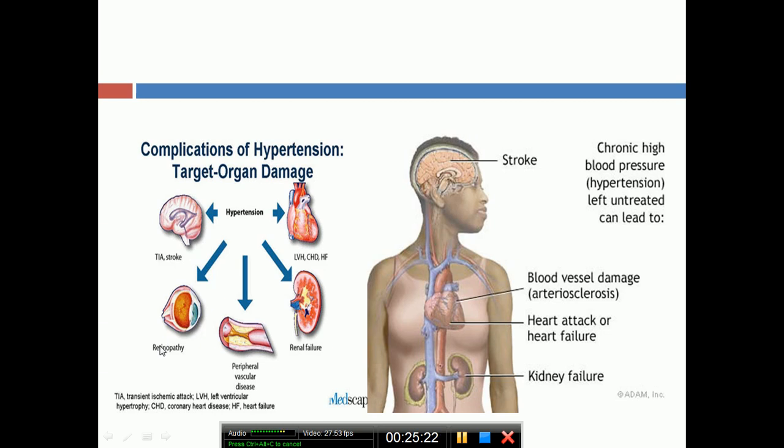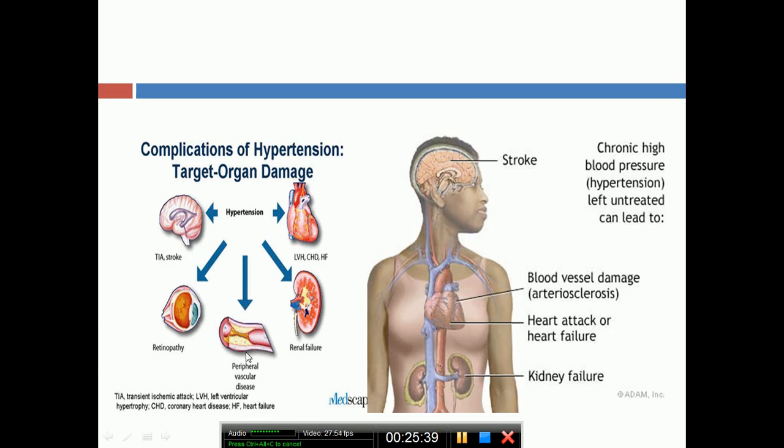On the other hand, apart from the brain and the heart itself, hypertension can damage the retina, which can affect vision. This is called retinopathy.